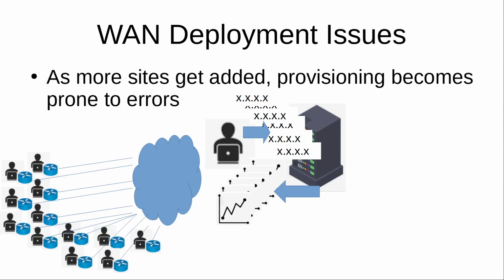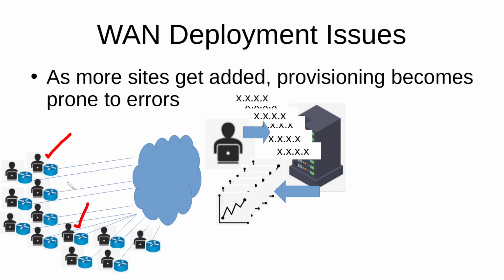But what happens as more sites get added? So think, for instance, a retail company that has to set up 500 remote stores. So you will need to send 500 routers and mobilize a team of engineers to configure those routers. And what happens if this engineer configures this router in one way, and this other engineer configures this other router in another way?